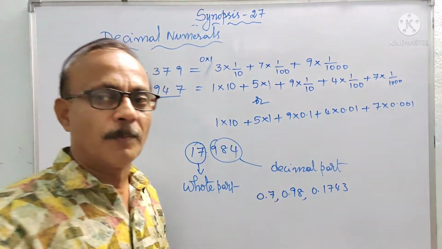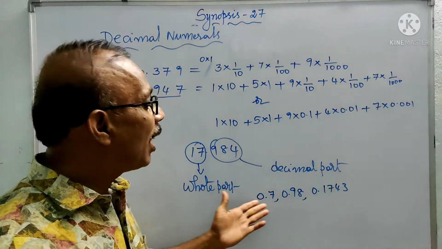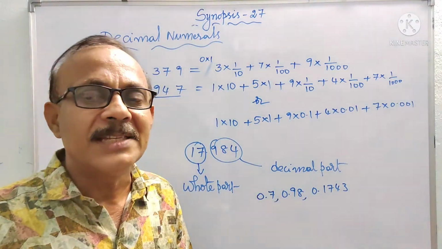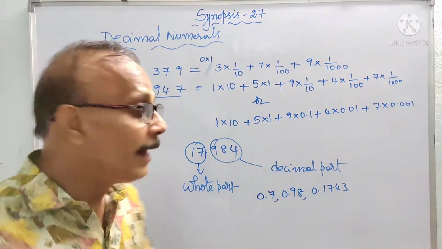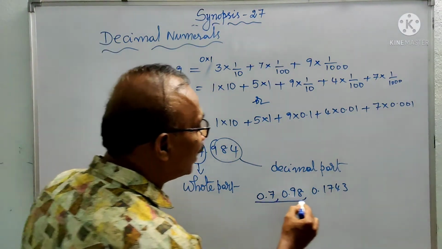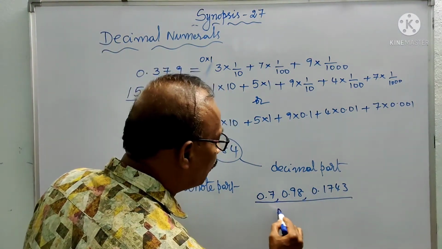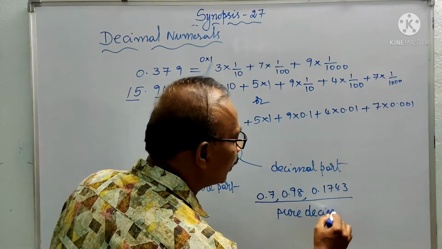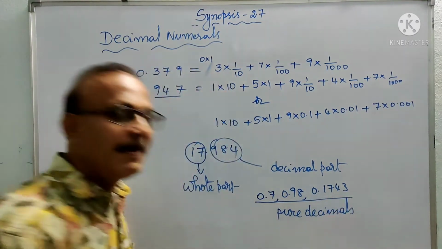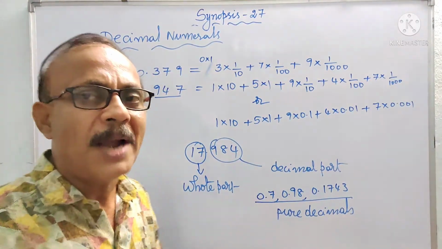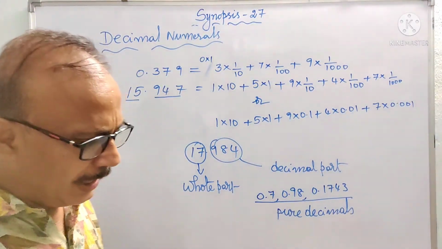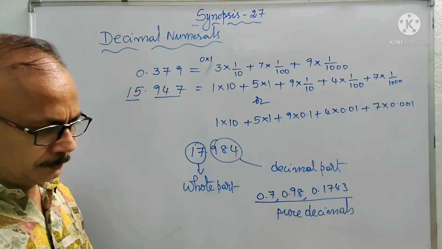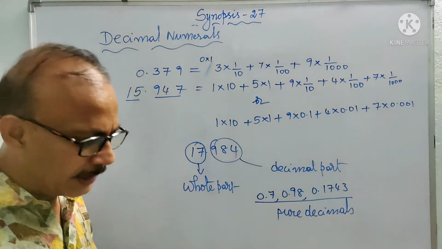Whole part is 0, and the value of all these decimals is always less than 1. And this type of decimals are called pure decimals. Why? Because there is no whole part at all, so they are purely decimals.